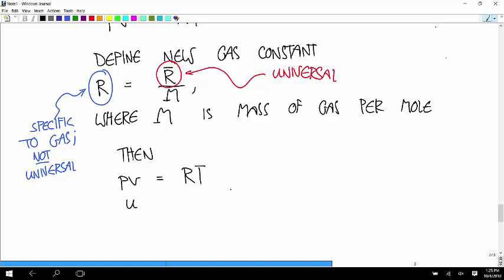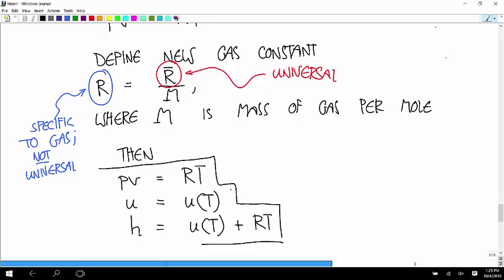We're also going to use the fact that U, the specific internal energy, is a function of temperature alone. And H is equal to U, function of temperature alone, plus R times temperature. And those second two, the second and third one, they're derivable from the first relation.